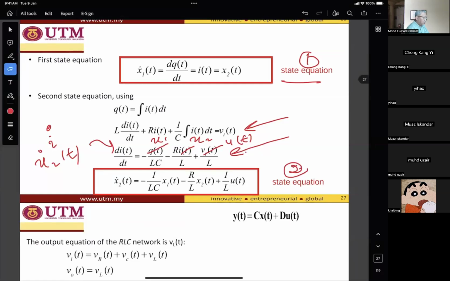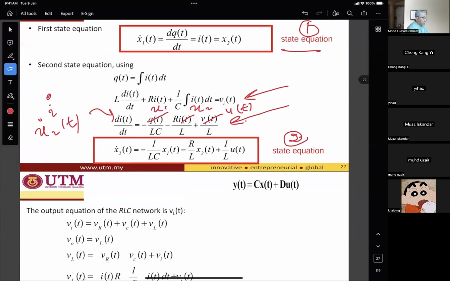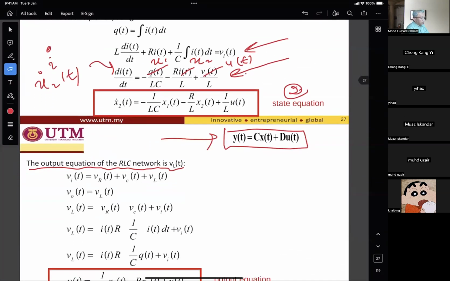So these two equations, the first one and the second one, will be used to build up the matrix later, but we have to find the output first, the output equation of the RLC, which is known as y of t equal to Cx plus Du. Okay, so therefore we use the KVL equation.